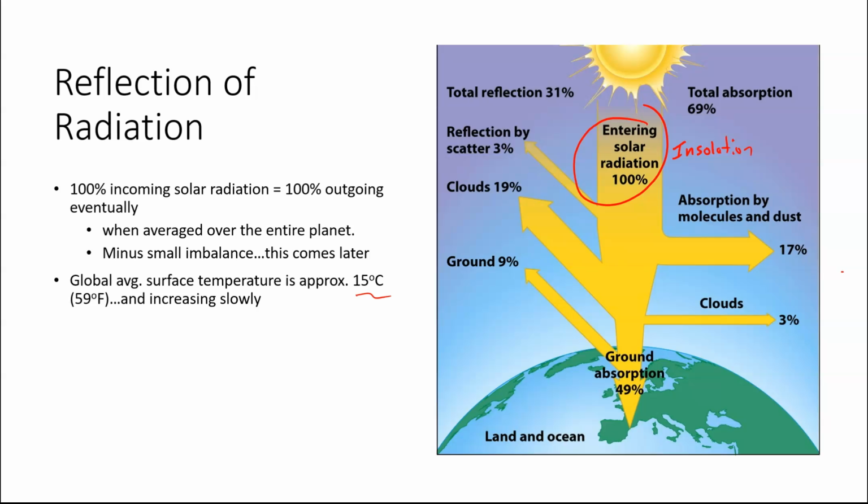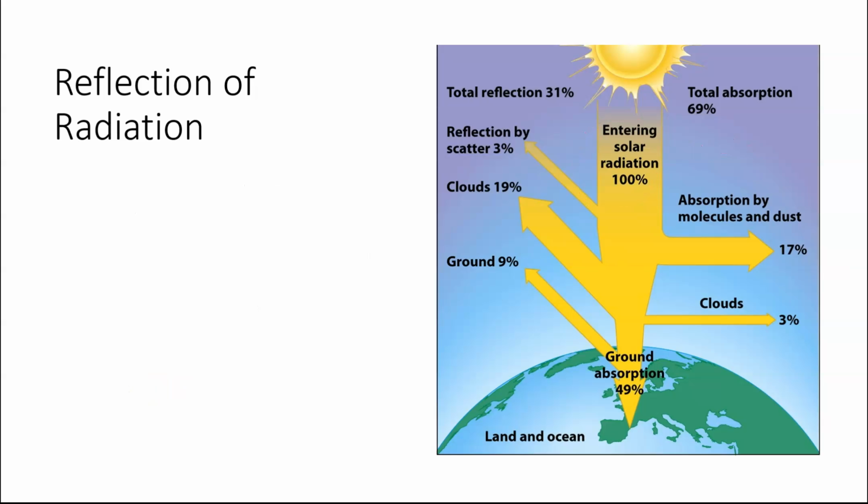So if you take day and night and average the temperature over the entire globe, we're going to hover around 59 degrees Fahrenheit or 15 degrees Celsius. Now, of course, where you live, that changes based on the time of year, the time of day, and basic weather patterns. But on any given day, the entire global surface, if you were to average it, is about 59 degrees or 15 degrees Celsius.